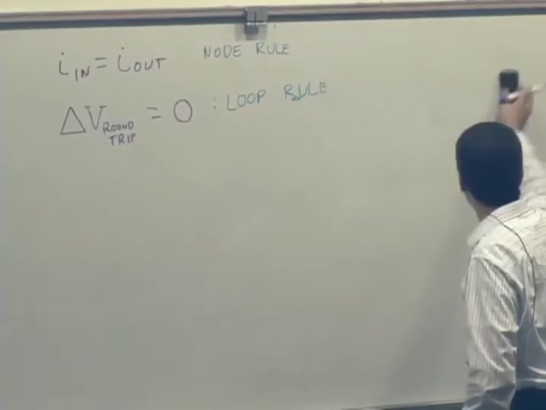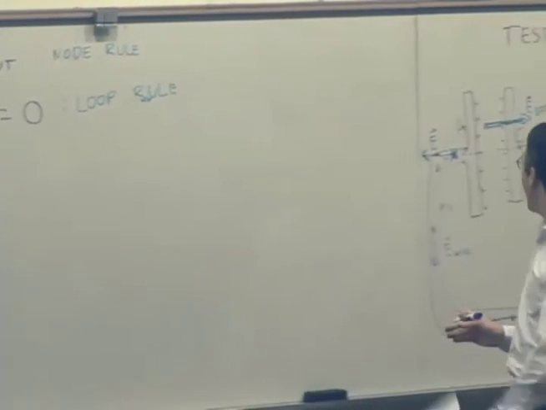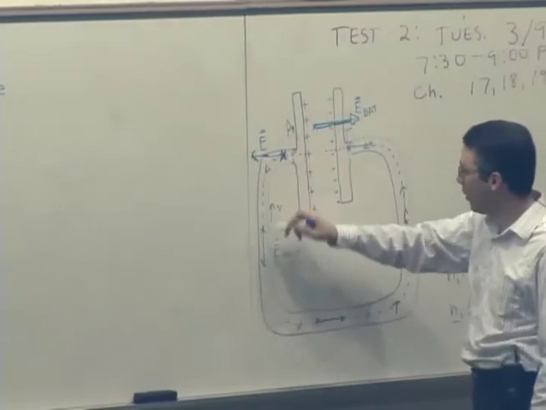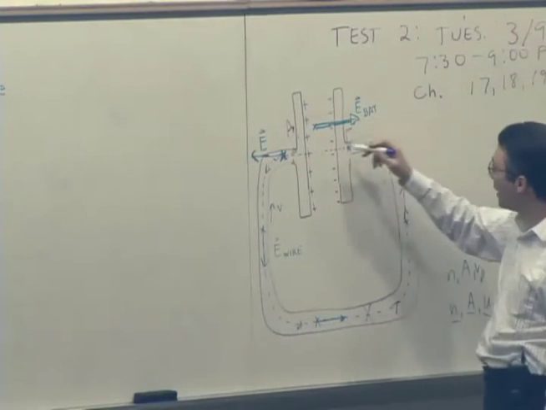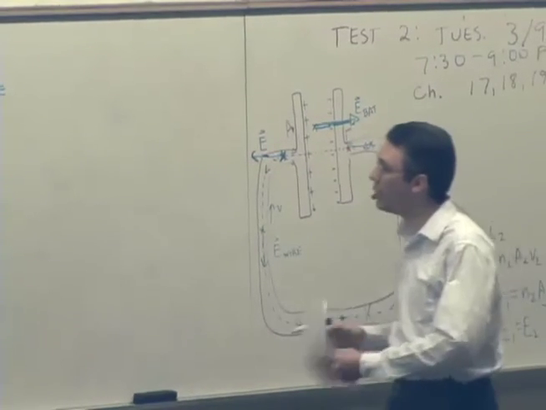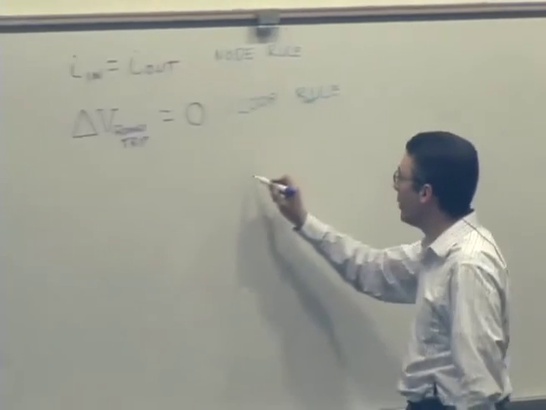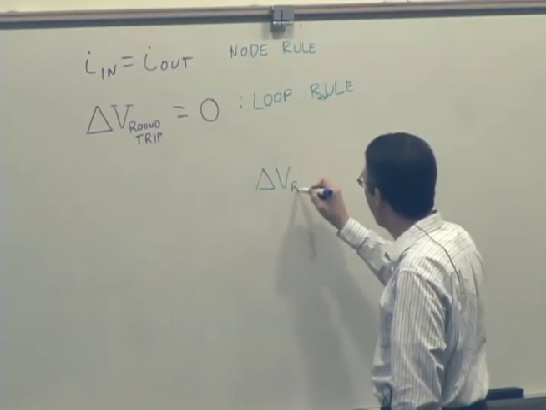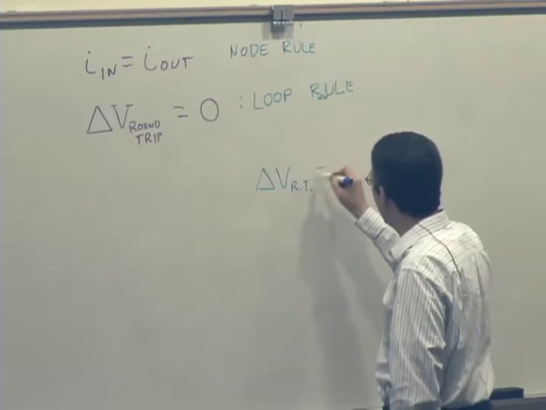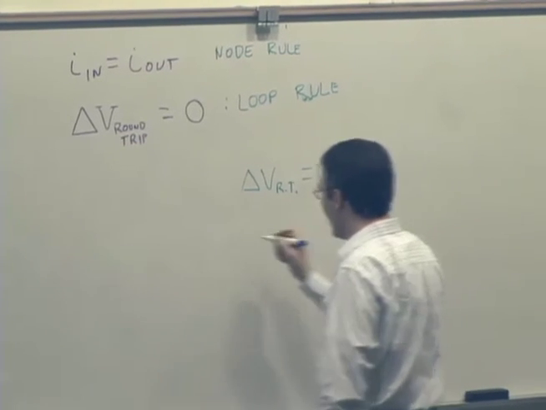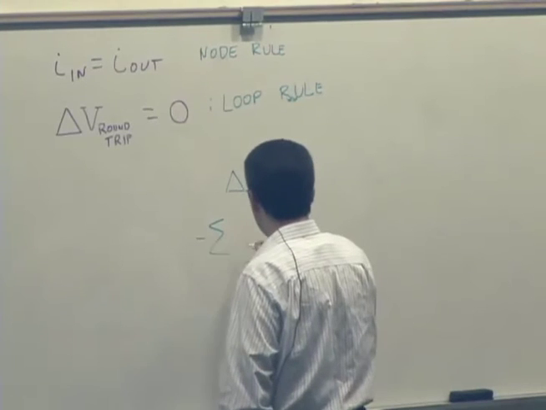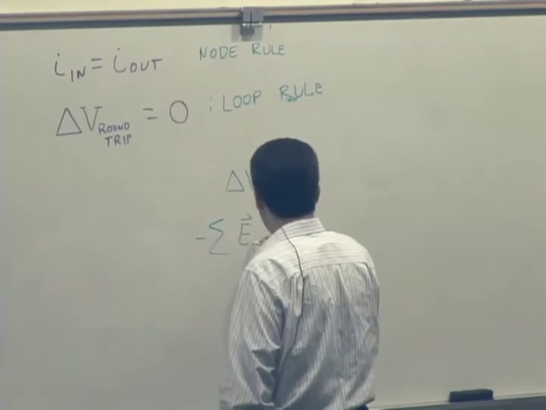And so what do we have? We're going to start here, go around, and come back to our starting point. So I'm going to have sort of two pieces to this path, right? I'm going to say a delta V round trip is equal to 0.